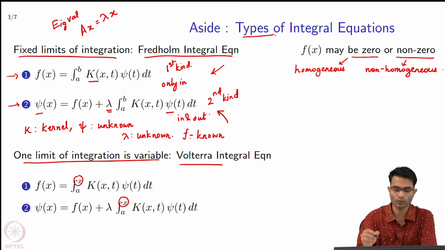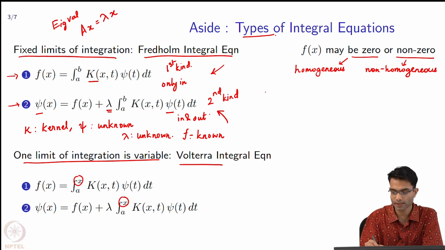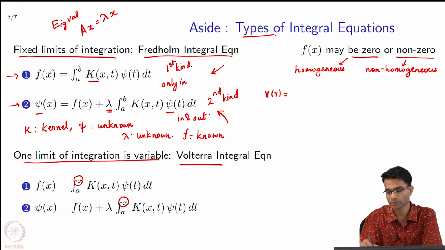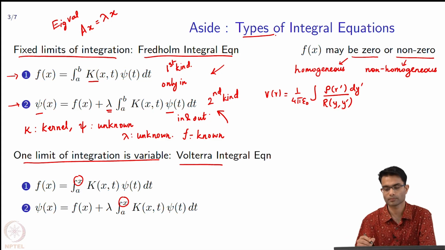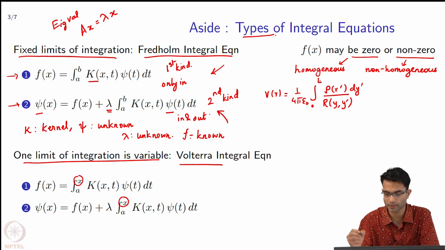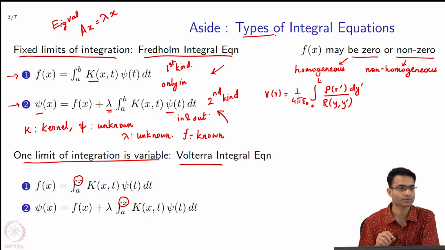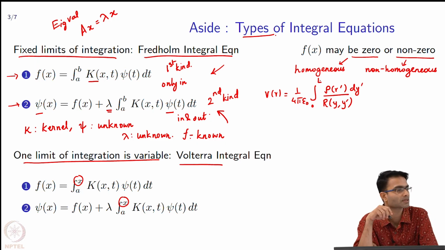Okay. So, when I look at, let us say, the equation that we had on the previous page, right. So, I had V of r is equal to 1 by 4 pi epsilon integral of rho of r prime dy prime over R, with y prime going from 0 to L. This was our integral equation. So, from these 4 equations that we have on the board, which of these does it look like? Looks like a, okay.